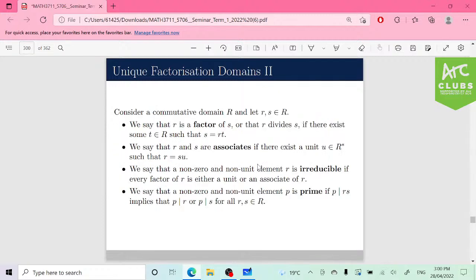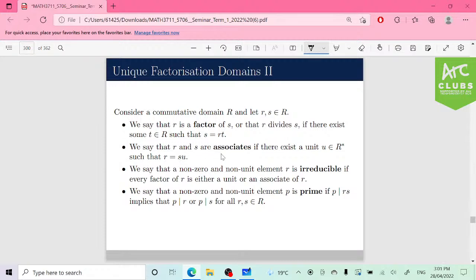So some definitions before we start dealing with some theory behind unique factorization. The first thing is to define a factor. We define a factor in the normal way. We take R to be a factor of S if there exists some T inside your ring, inside your domain, such that S equals RT.